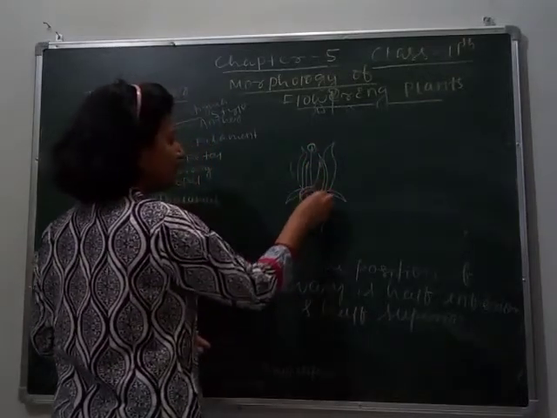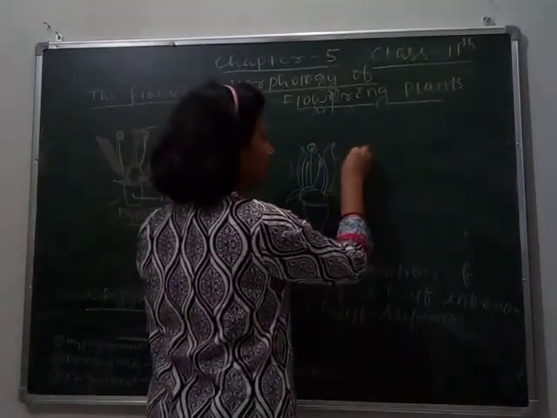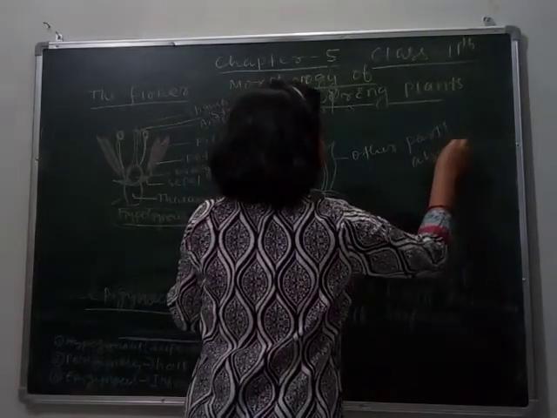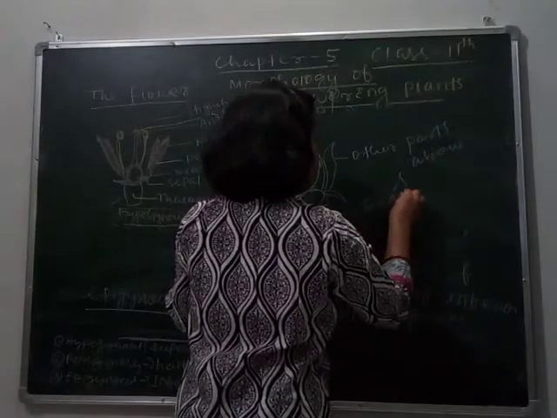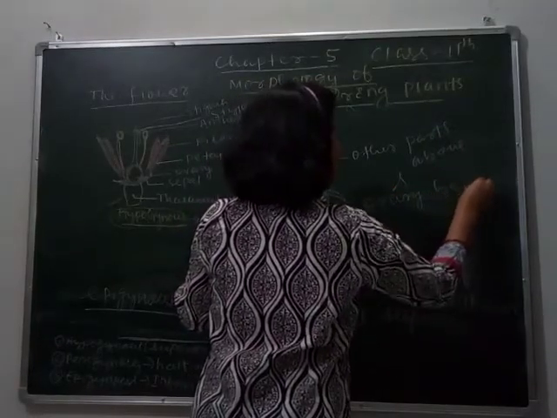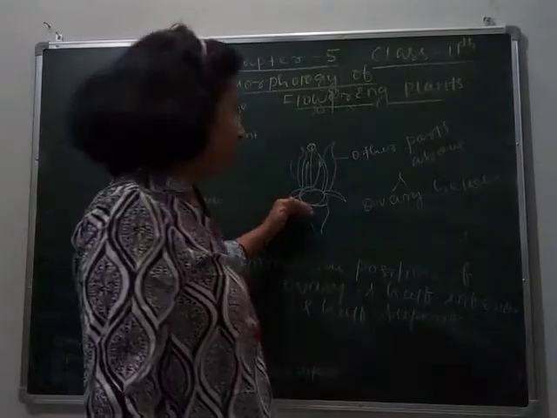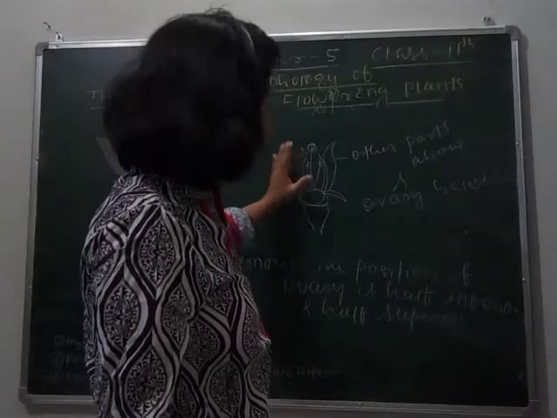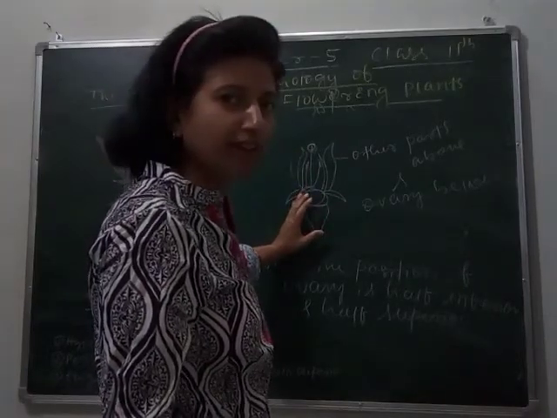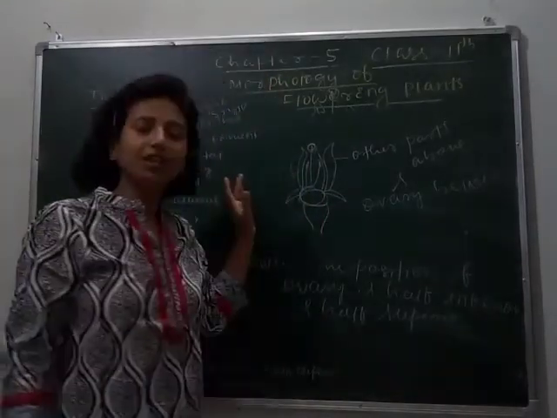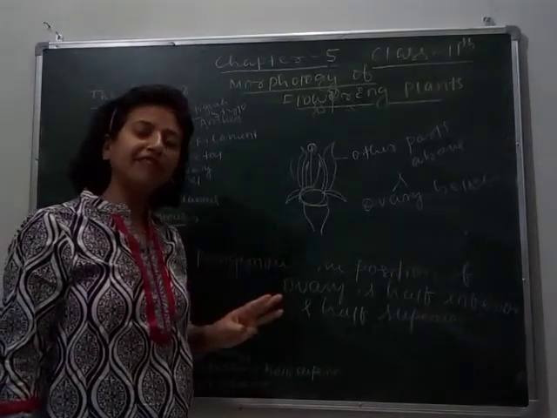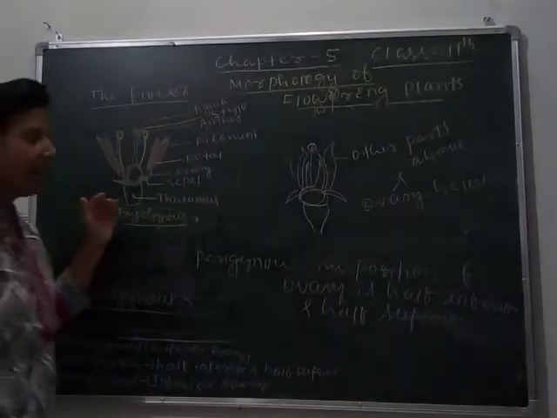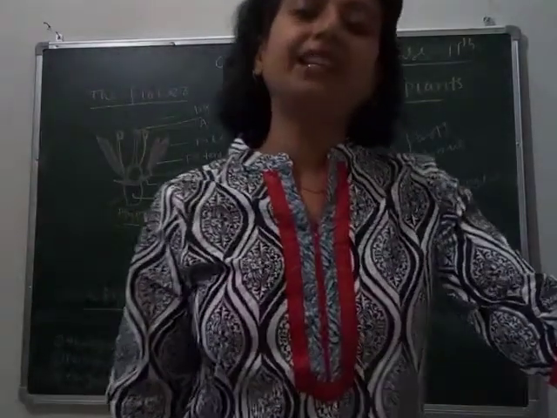So here ovary below and other parts are above. Means ovary is below and the other floral appendages are above. This type of arrangement in a flower is called epigynous. So here we studied 3 different types of ovaries seen in flowers: hypogynous, perigynous, and epigynous.